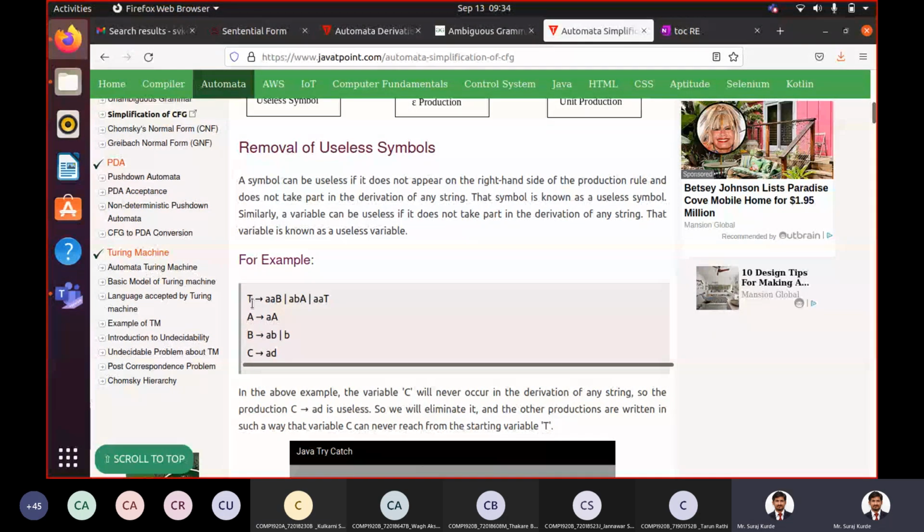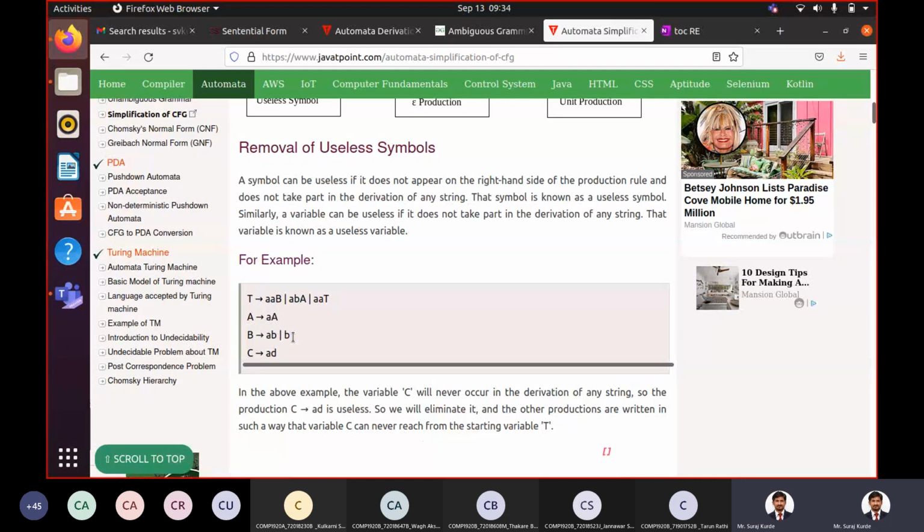Now let's see. Here you can see T produces AAB, ABA, or AAT. Then A produces AA, B produces AB or B, and C produces AD. Now in this case, capital C is not reachable from T, where the start symbol is T. From T we can reach capital B or capital A. From capital B, we are not going to any non-terminal.